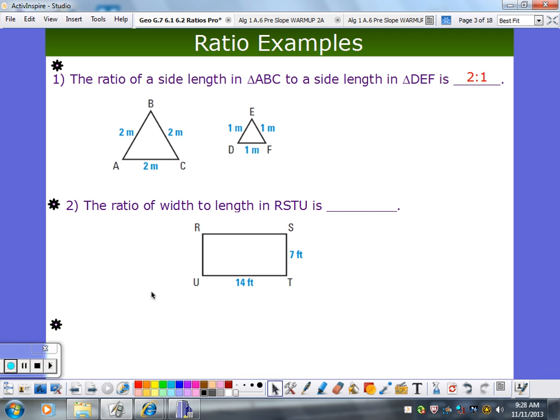What is it? 1 to 2? How'd you get that? Right. Now what happened to units? Where do I have to say 7 feet or 14 feet? Why don't I? How come we don't?